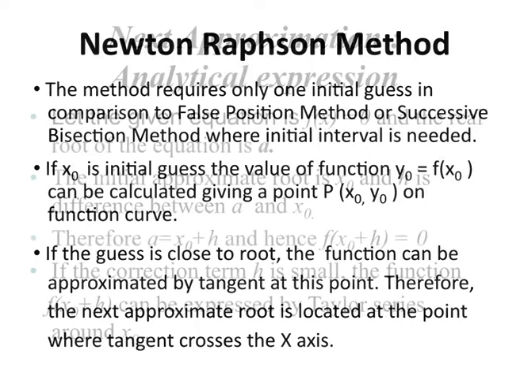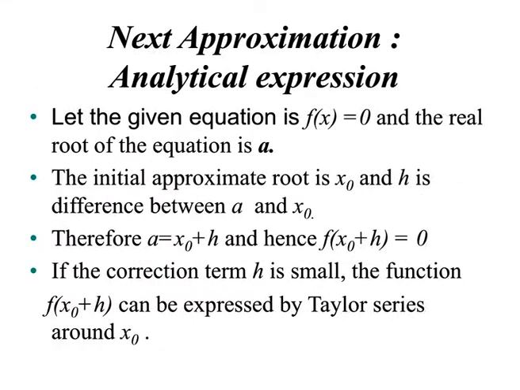First, we will discuss the analytical method, and here suppose the exact root is a and the approximate root is x 0, and the difference between these two is h. So, we can write a is equal to x 0 plus h. Since at the exact root the function value will be 0, therefore, the function at x 0 plus h should be 0. So, using this expression f of x 0 plus h is equal to 0, we can use the Taylor series expansion for a small value of h.